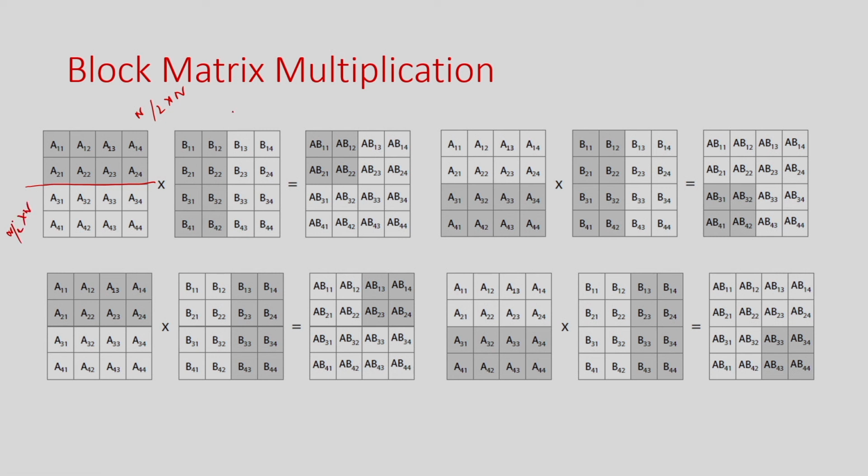The other matrix I divide by half column-wise, so this array is basically n into n by 2 and this is also n into n by 2. And I decided to split the resultant array into 4 matrices, each n by 2 into n by 2, right. So this is one part, this is one part, this is one part, and this is one part. So this is how I split into 4.